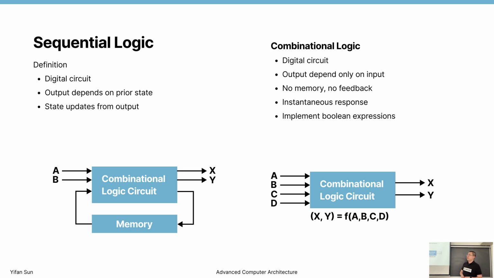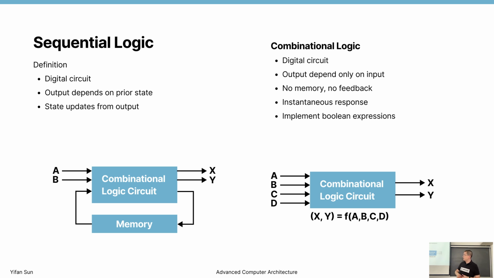Then the capability of combinational logic is limited because you can only perform fixed functions, and you can always predict the result. It really depends on the combination of pins, how many input pins and how many output pins you have. Your capability is limited by the number of pins.